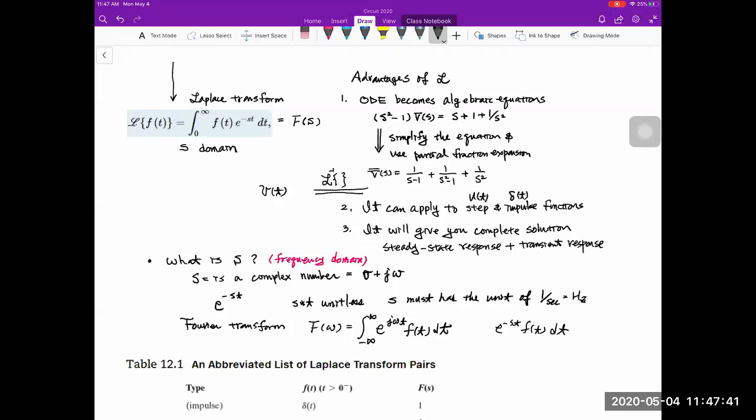The s is the whole complex number, while the Fourier transform only uses the imaginary part of this. I just want to give you a basic idea of what these two represent.